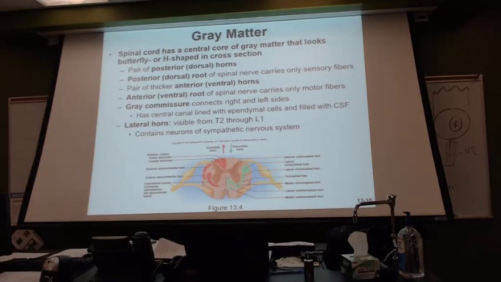Just real quick before we get to that, if you'll notice in this picture, they're giving you names of these tracts, like the gracile fasciculus, cuneate fasciculus, posterior spinocerebellar. What?